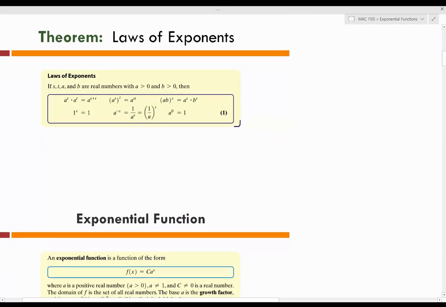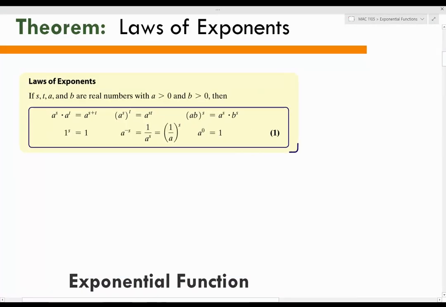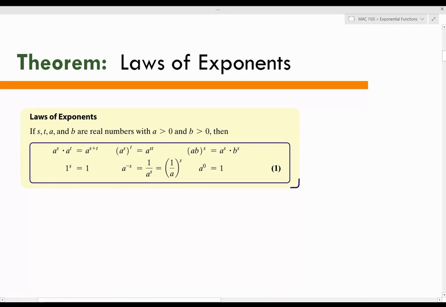All right. Since we're going to be looking at exponential functions, it's important that you remember your laws of exponents. So if you don't, here's a quick refresher. Our laws of exponents say if s, t, a, and b are real numbers, with a greater than 0 and b greater than 0, then we have the following. Our first rule says if we have like bases, when we multiply them together, we add their powers.